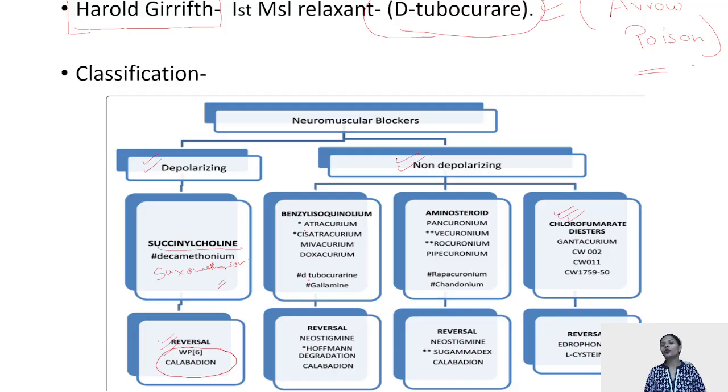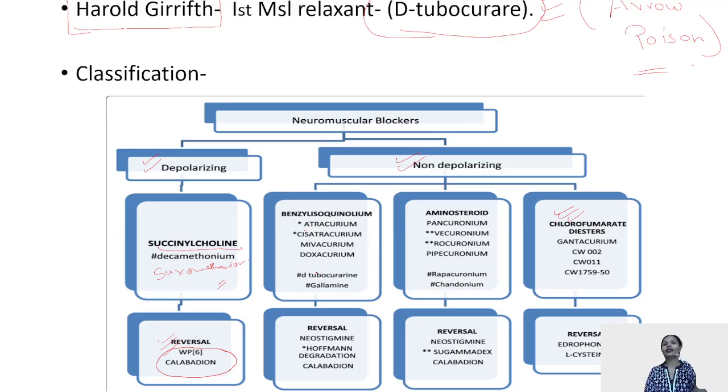The d-tubocurarine, which was the very first skeletal muscle relaxant to be introduced, also belonged to the benzylisoquinoline group. The reversal agents for this group are sugammadex, neostigmine, or Hofmann degradation. We'll be coming to this one by one.